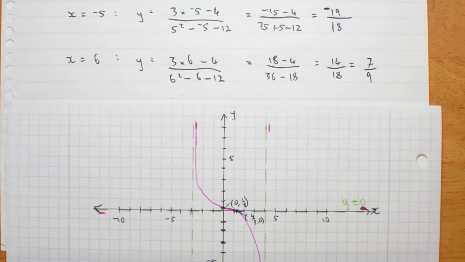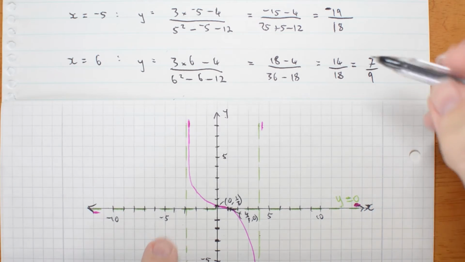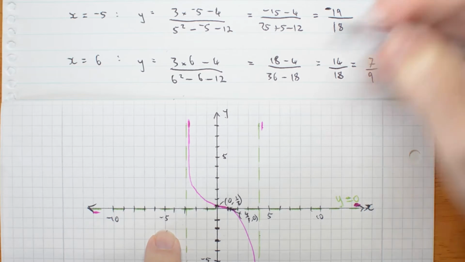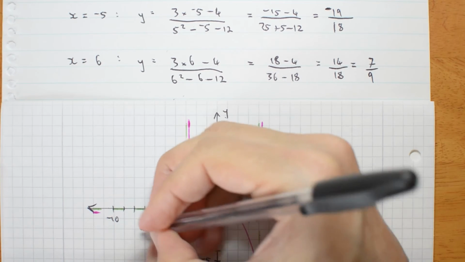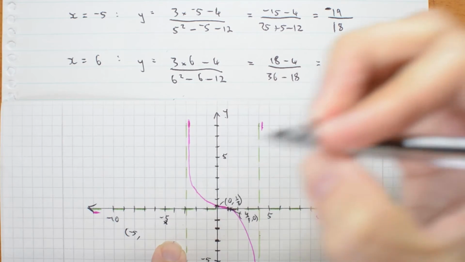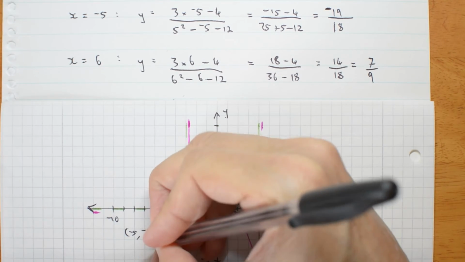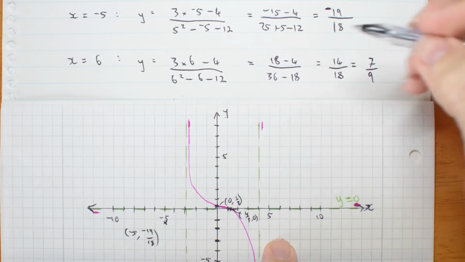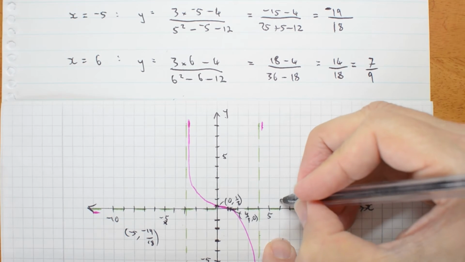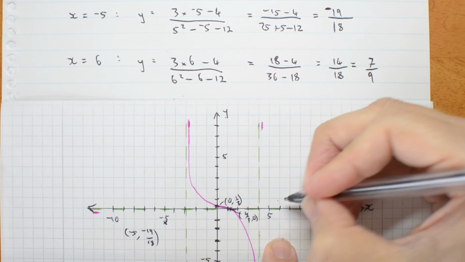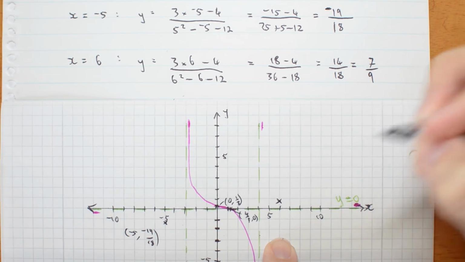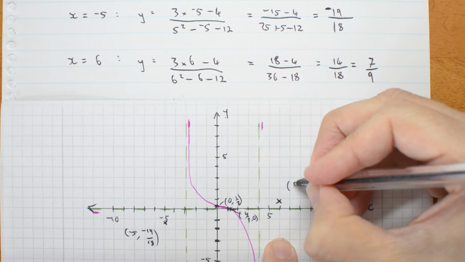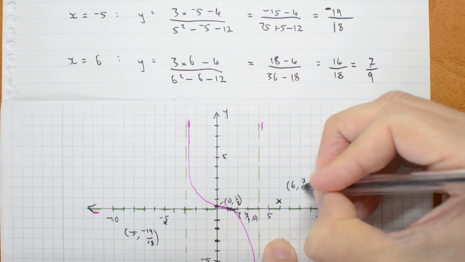Okay, let's put those points on the graph. X is -5, y is negative just over 1. That's (-5, -19/18). As x is 6, y is 7/9. It's not quite as high as 1. Again, a very tight curve. Here, that's (6, 7/9).